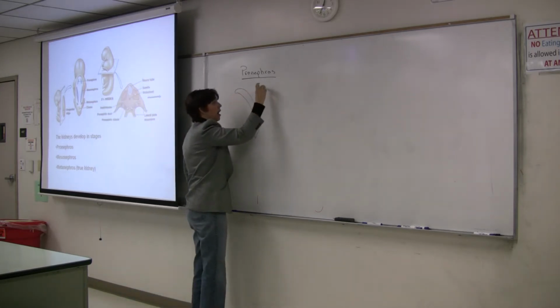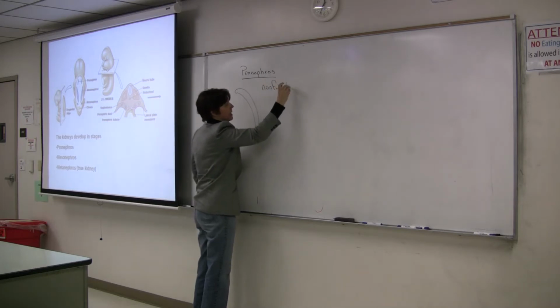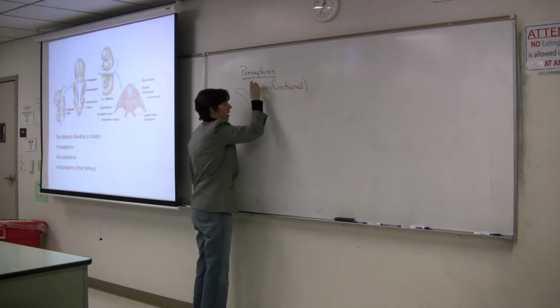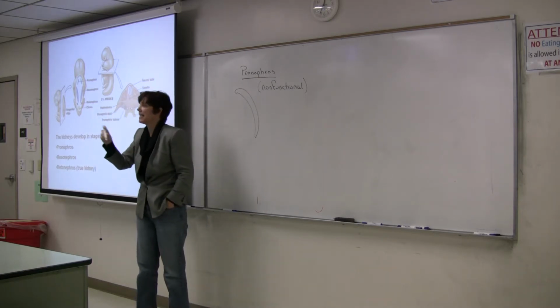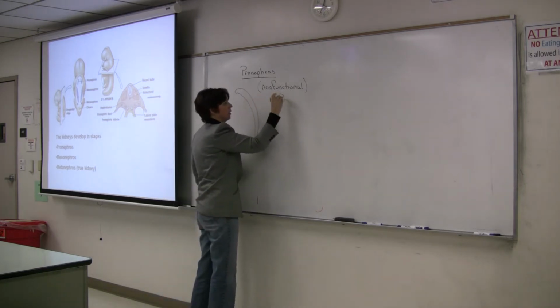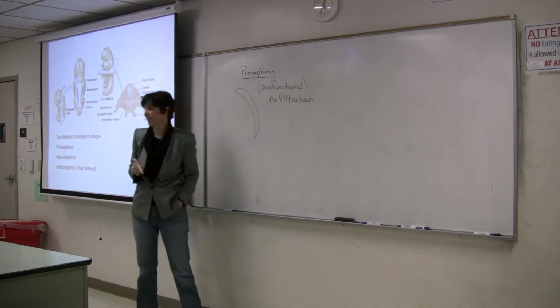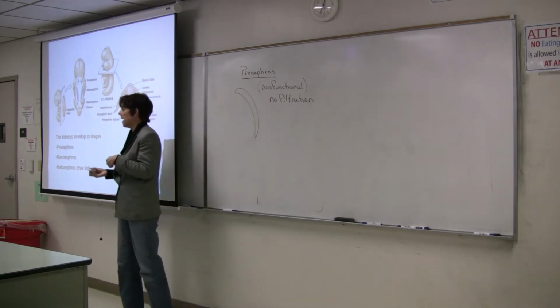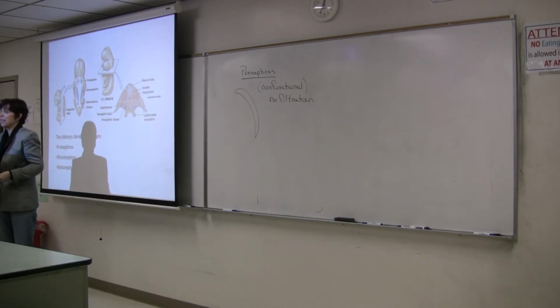And it is, I'm going to put non-functional, but in parentheses, because it does have function, but it doesn't function as a kidney. All right? In other words, there is no filtration. There's no exchange between blood, small particles moving out of the blood and moving into the kidney tubule.